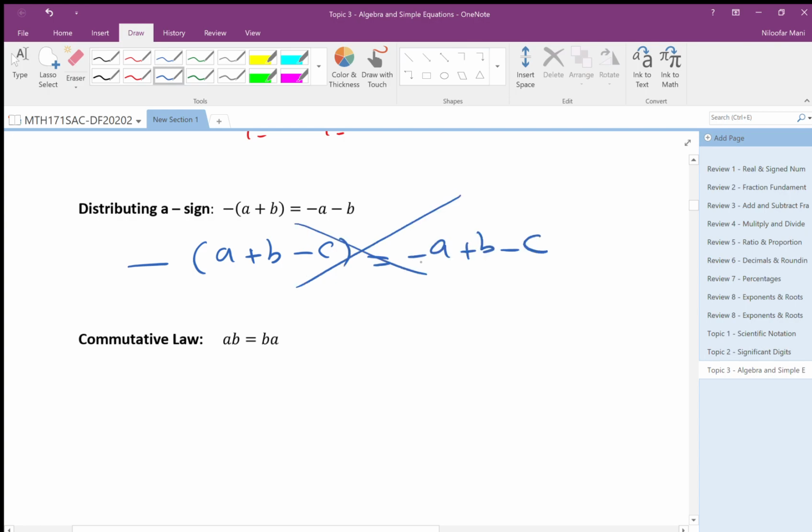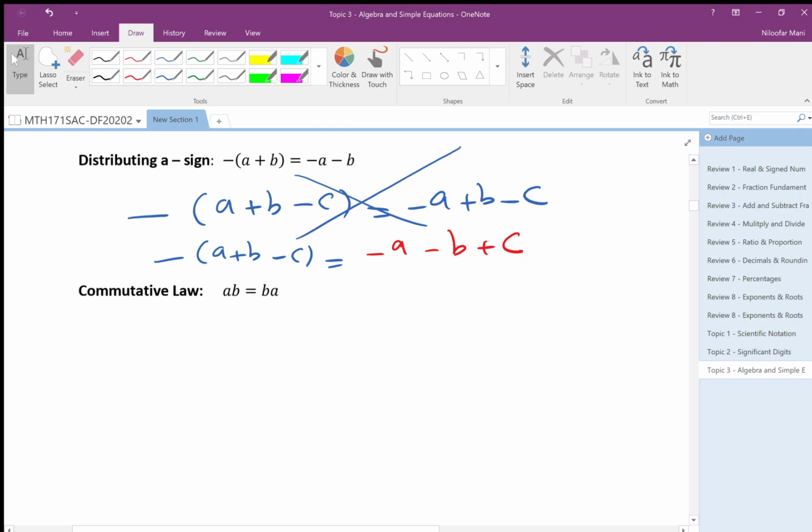That's wrong. If you have minus here, you have to do minus a minus b plus c. You have to change the sign of all the terms inside the bracket, because the negative is outside. It means you distribute the negative to all of them.